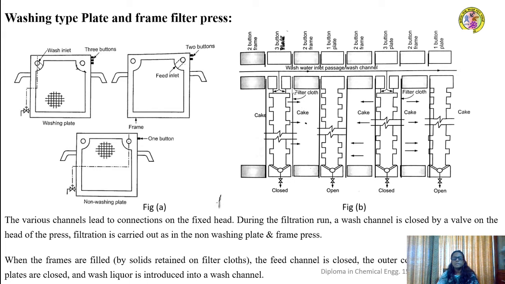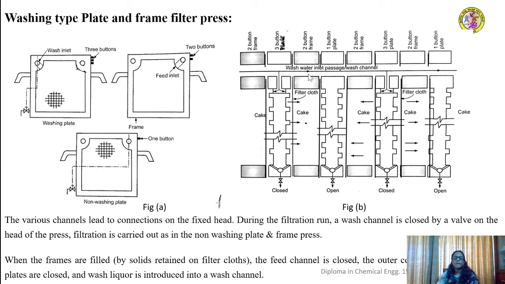Since the wash liquid is getting distributed entirely over the surface of the washing plate, we can make the wash liquid flow at every location of the filter cake. In that way, we can make the liquid pass through the entire bed thickness of the filter cake.